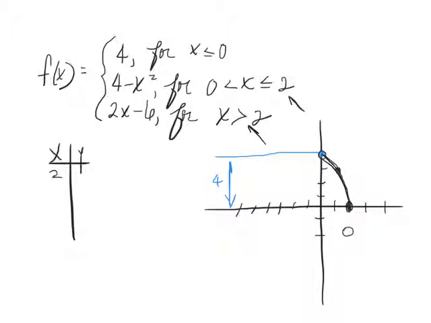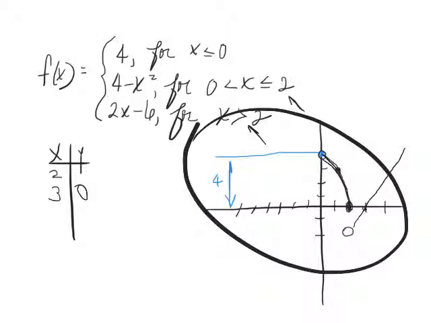So if we put in 3, we get 0. So over 1, 2, 3, we get a 0 there. So we end up getting here a graph that goes that way. So this whole thing is our piecewise function of that function right there, which is very similar to the one on the bottom of page 125.